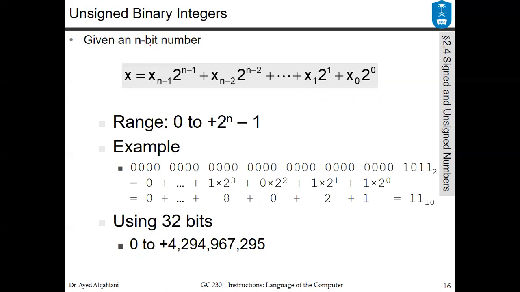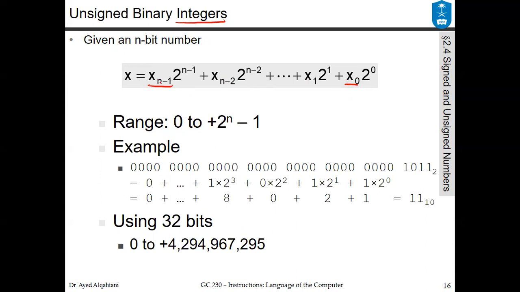In general, if you have an n-bit number and we want only integers, so no fractions here, x is an n-bit number, starting from bit x(n-1) as the most significant bit, all the way to the least significant bit, x0.